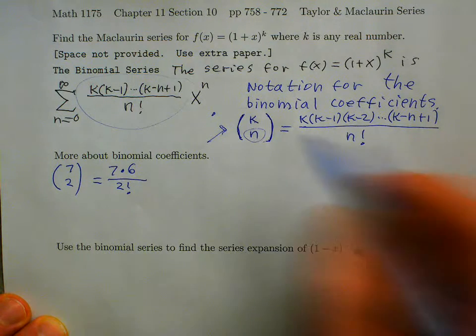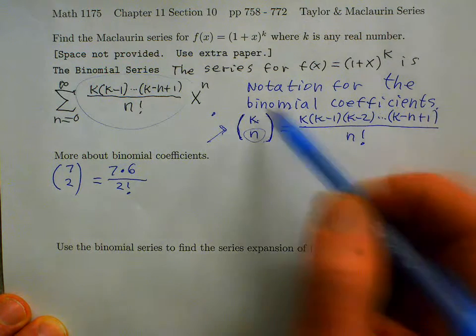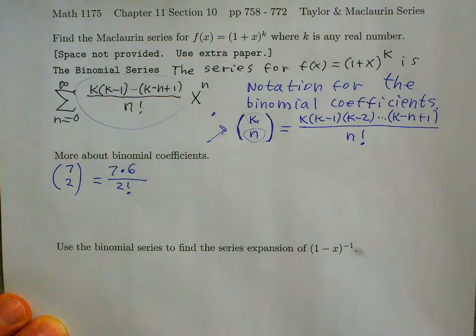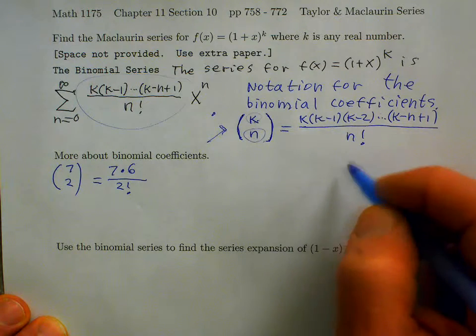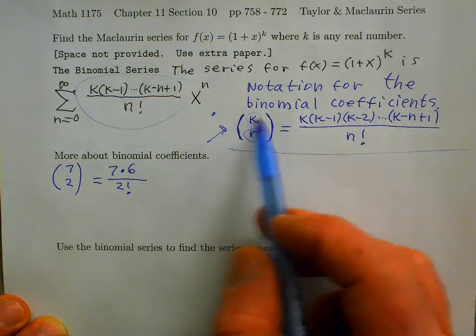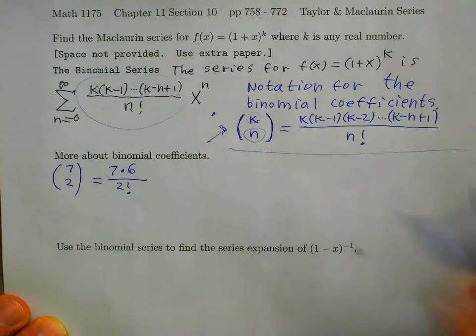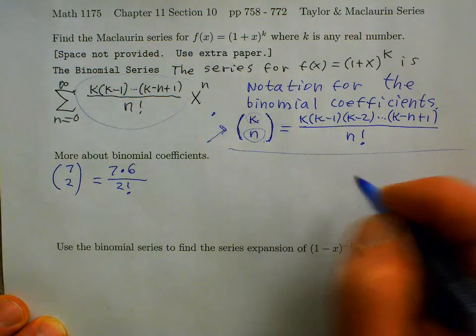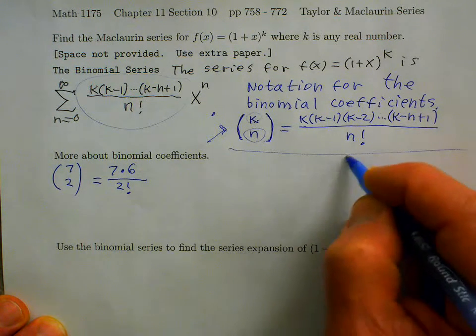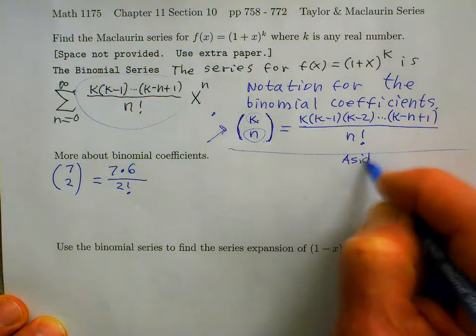In combinatorics, the number k is always an integer that is greater than or equal to n. And we might encounter that, but just as an aside, that might help.